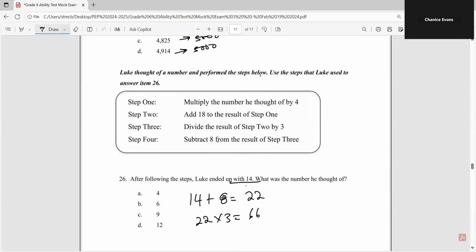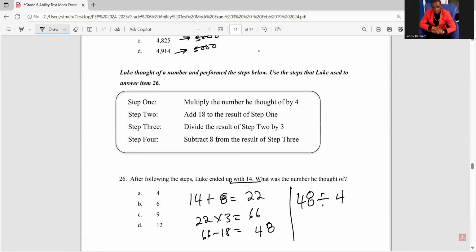Then I subtracted 18 from 66, and I got 48. Then I divided 48 by 4 and got my answer, which was 12. All right, thanks so much.